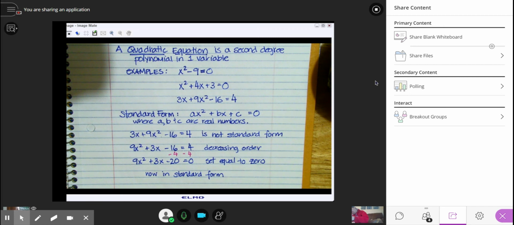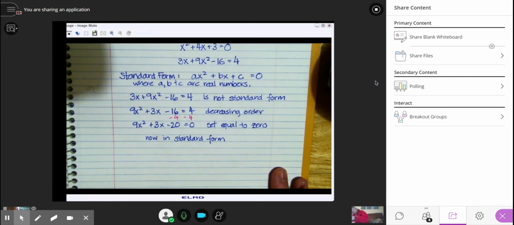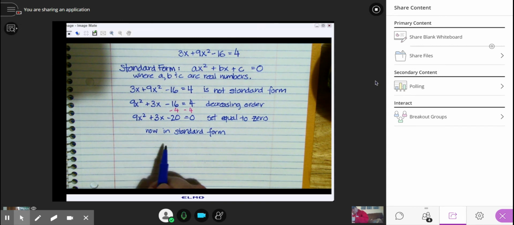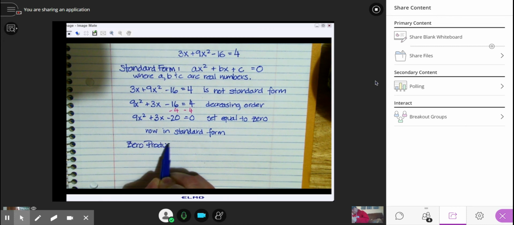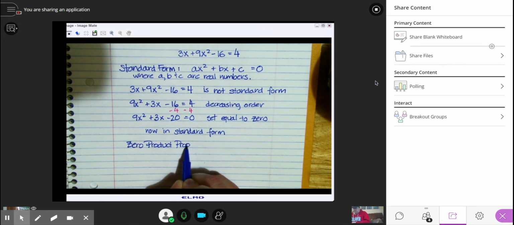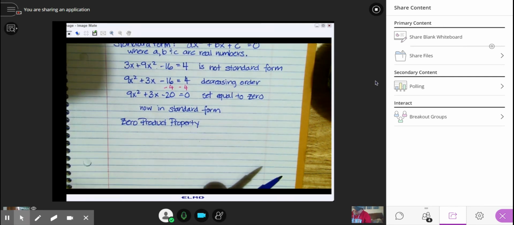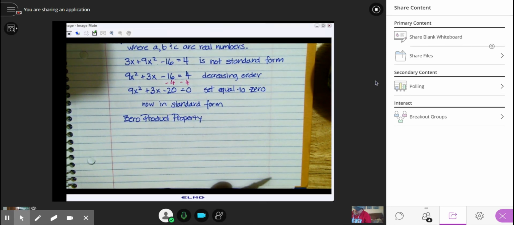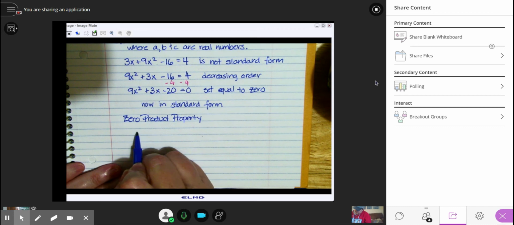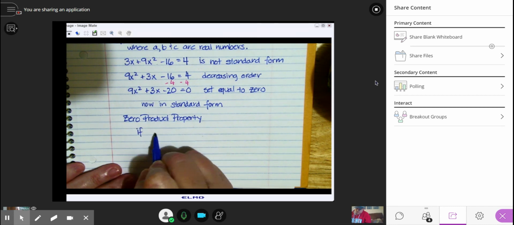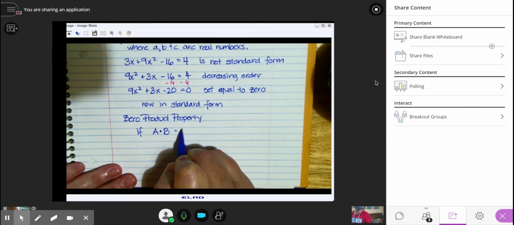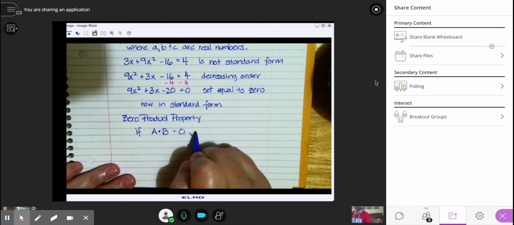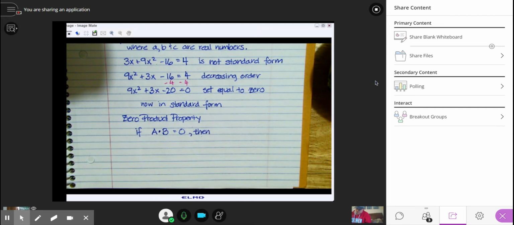All right. So before we can continue with solving, we also need to understand something called the zero product property. We're going to use this all of the time. It's pretty straightforward, but let's make sure. If you have A times B, and that equals 0, then what has to be true?